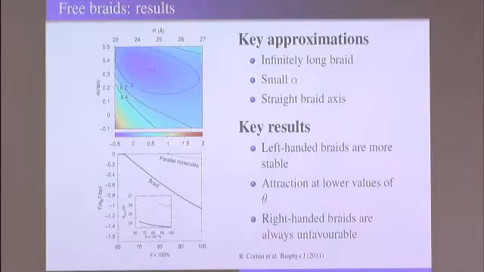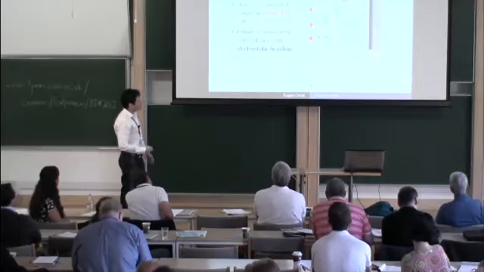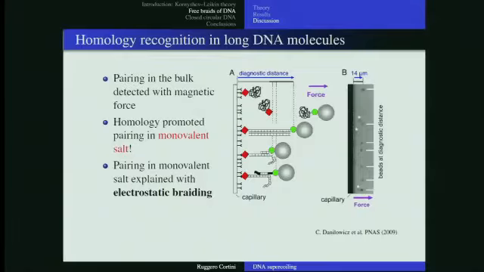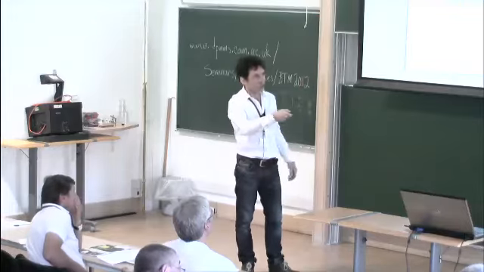So luckily, when my PhD started, a very important paper came out of the group of Mara Prentiss at Harvard, in which they detected homology-enhanced pairing in monovalent salt solution. They detected it at a quasi-single molecule level by putting DNA tethered onto a capillary surface and the other DNAs tethered to magnetic beads, and then applying a magnetic force after the magnetic beads are added to the capillary.